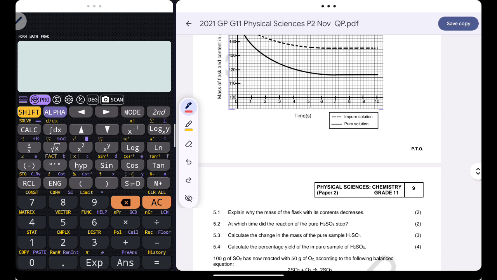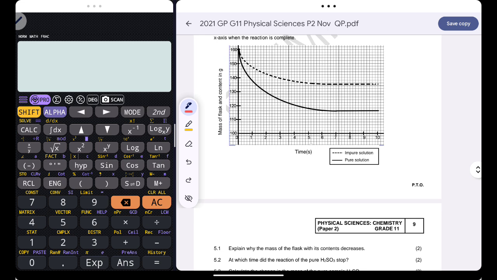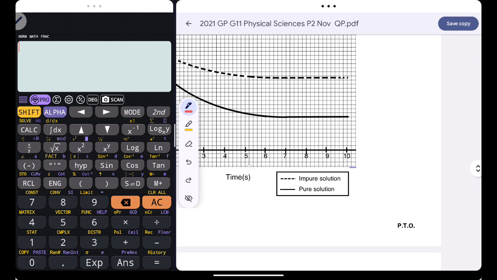At which time did the reaction of pure sulfurous acid stop? They're asking me at which time did the graph of pure sulfurous acid start to be flat. The pure solution is the one in bold, no? Where did it start to be flat? Somewhere here.